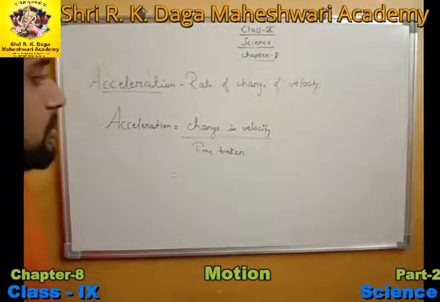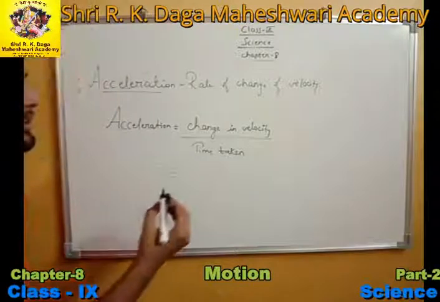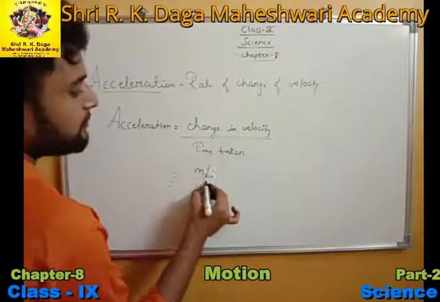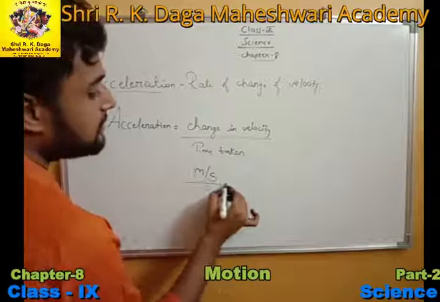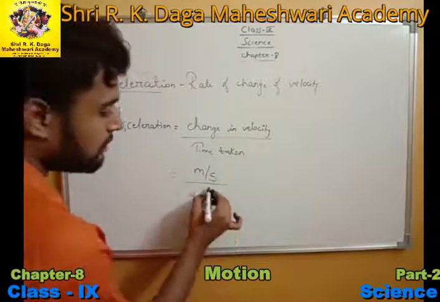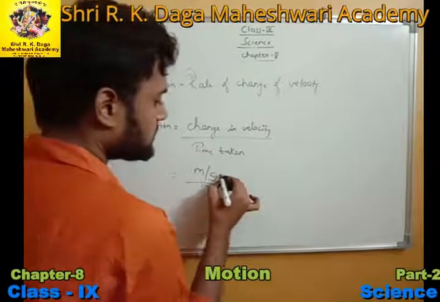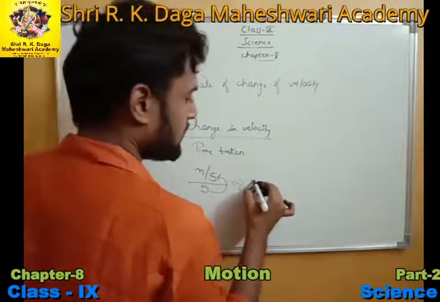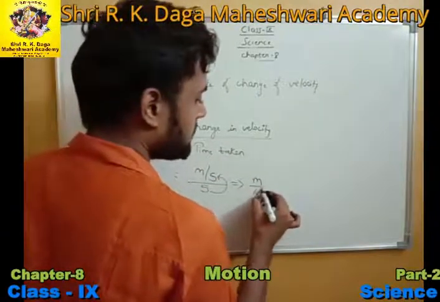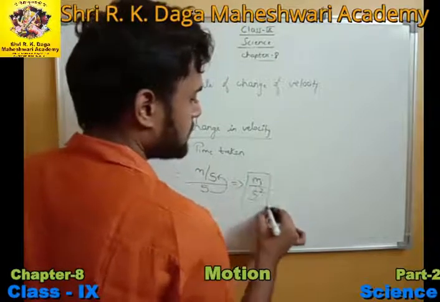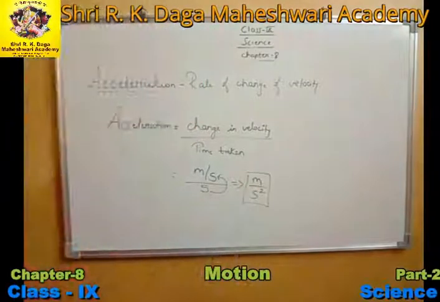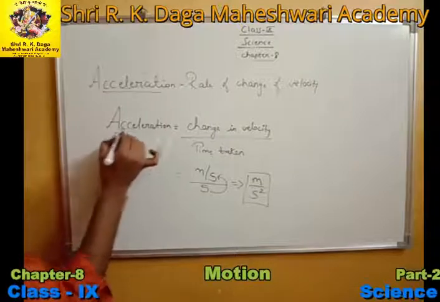What will be the SI unit of acceleration? We know that the SI unit of velocity is meter per second, and the SI unit of time is second. So this second will get multiplied with this second, and it will become meter per second square. So this is the SI unit of acceleration.